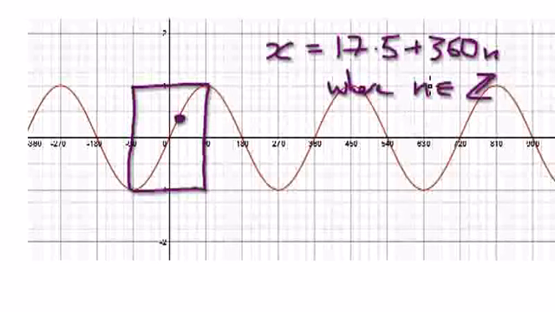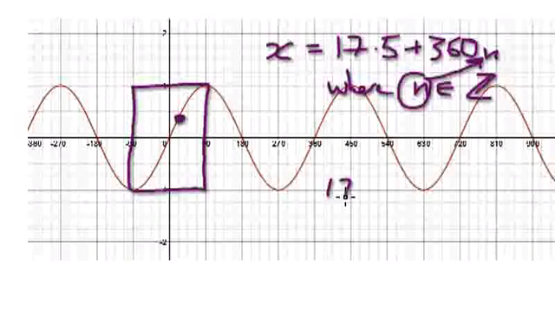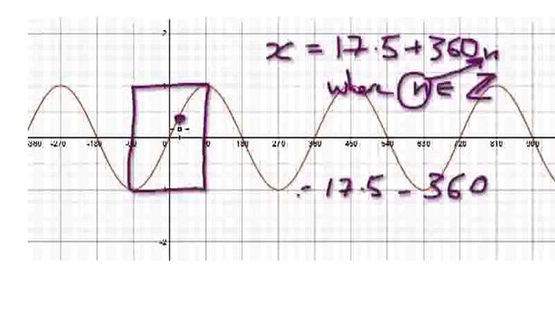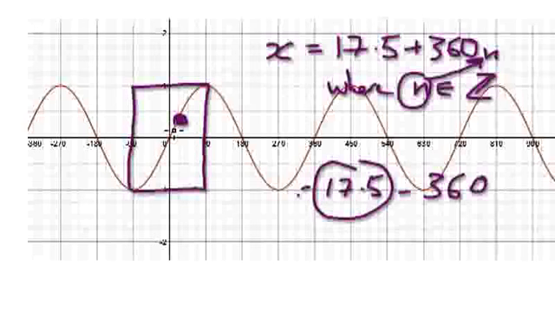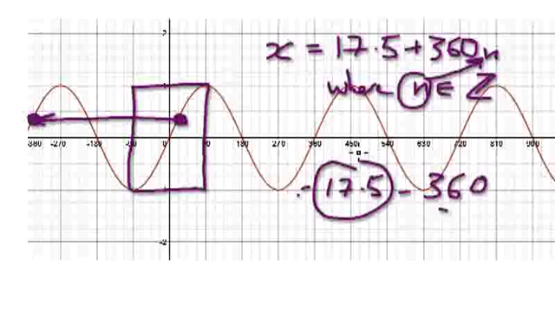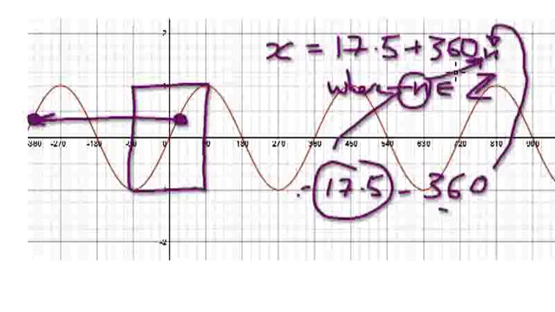So if you put negative 1 into this n, it's in effect 17.5 take away 360. That is another solution, because if you look here, the principal solution is this bit, and when you take away 360, it takes you to here, which is another solution. So even if you put a negative number into this n, it will still give you a solution.